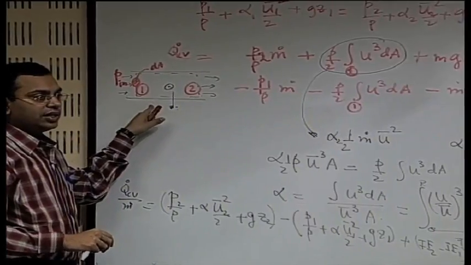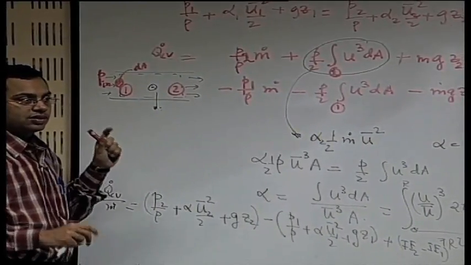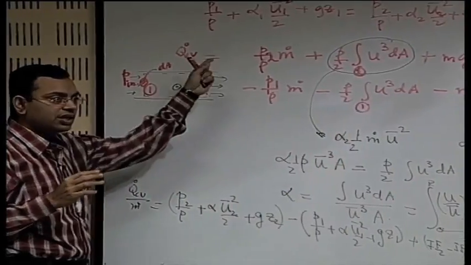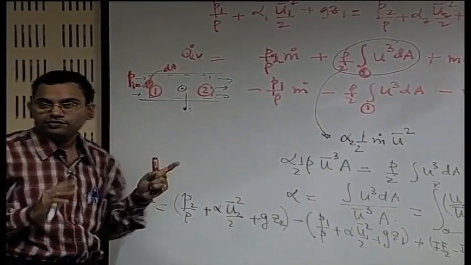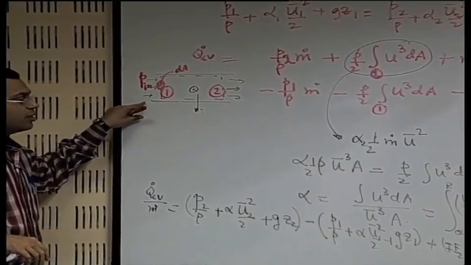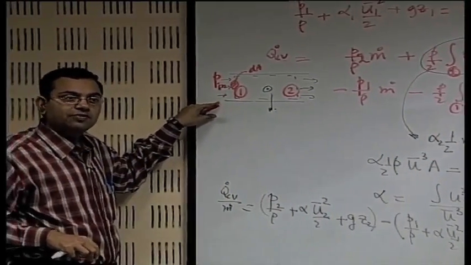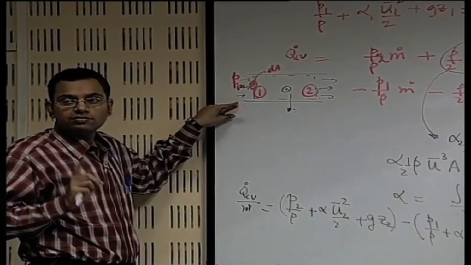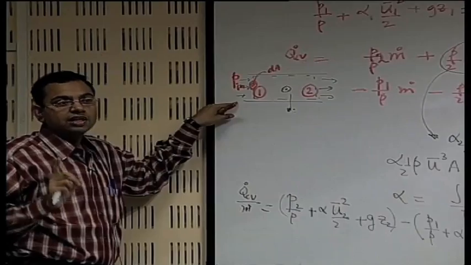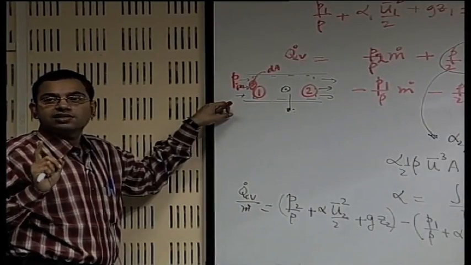Keep in mind one thing, how do you calculate the work? Some force, or here the rate of work, so some force multiplied with some velocity. At the wall there is some shear force. What is the velocity of the fluid relative to the wall? 0. That means there is no work done to overcome wall shear stress at the wall.